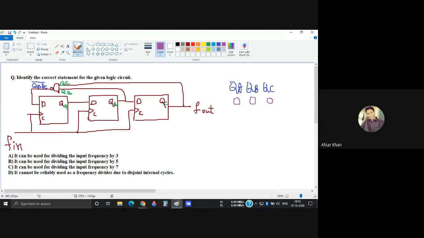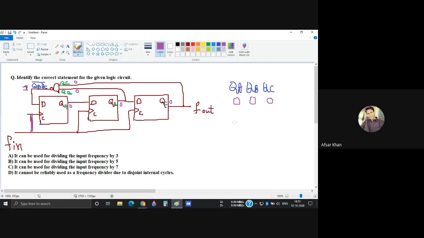So when the first clock cycle comes, what will happen? If QA, QB, QC are all initially 0, the output of the NAND gate will be, students, tell me. 1.